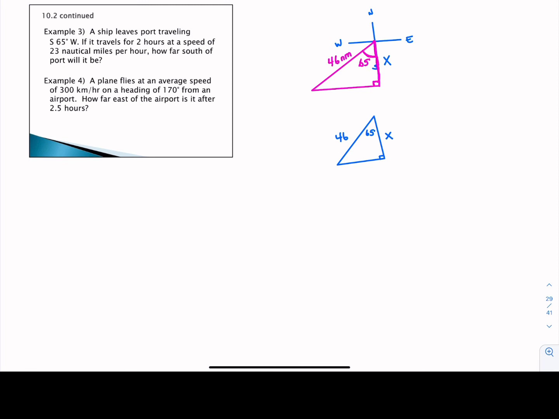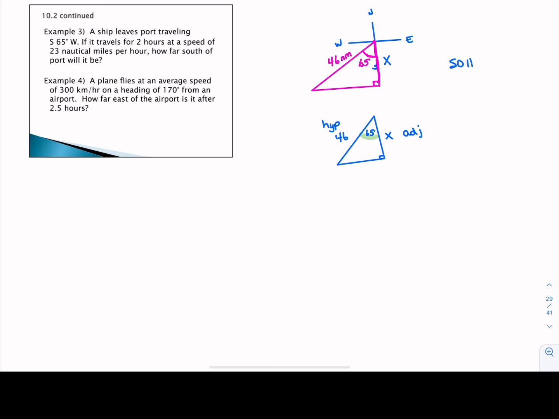So if we want to solve for just X and we want to label the sides appropriately, I know that 46 is the hypotenuse, and if we use 65 degrees as our point of reference or our reference angle, then we know X is going to be the adjacent side. So in order to solve for X, we can use a ratio that incorporates both adjacent and hypotenuse.